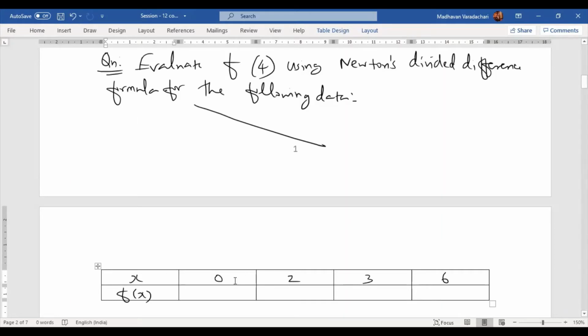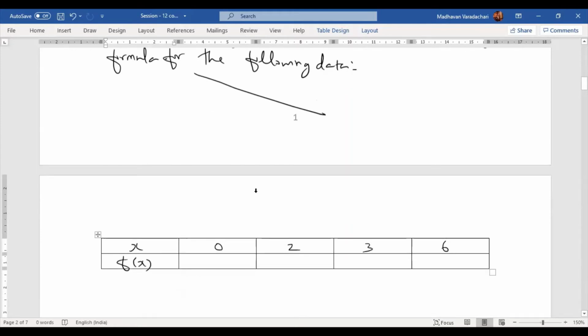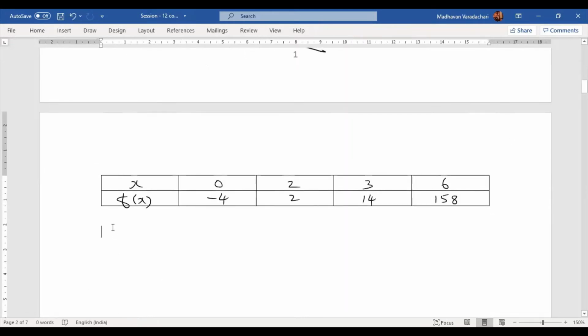We may note the gap between 0 and 2 is 2. Gap between 2 and 3 is 1. Gap between 3 and 6 is 3. So definitely these are unequal intervals. F of x is given as -4 for 0, 2 for 2, 14 for 3, and 158 for 6. Now this is the question. Based on this question, let us do a solution to it.